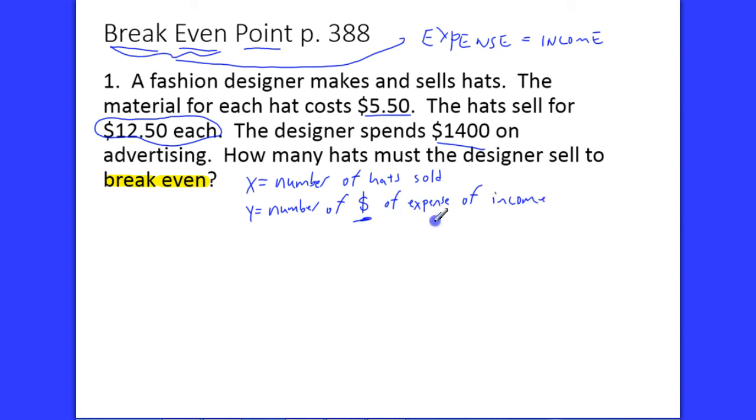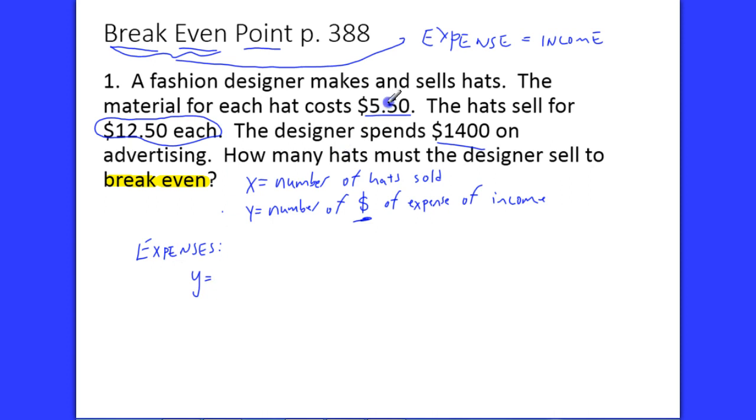Expenses just means it's money that's going out. Income means it's money that's coming in to you. So what we need to do is write an equation that represents the expenses. We chose to let y represent the dollars, so y, the total expenses, you could think of it as negative dollars to your savings account, if you will.